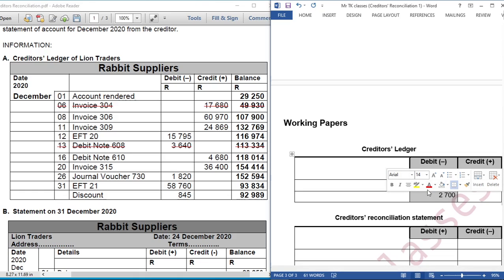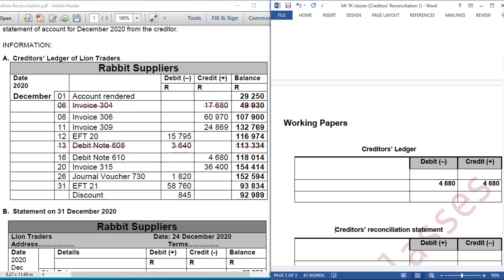So that's wrong. Let us come here and say this is the amount that we want to correct, 4,680. We need to correct this amount, right? So we are going to make a debit entry to reverse that one.